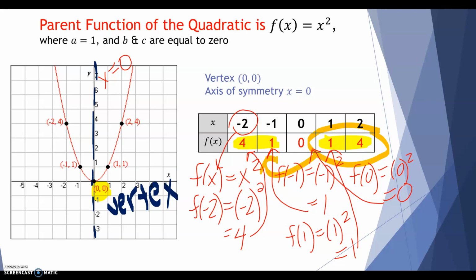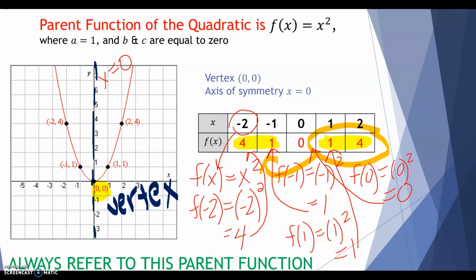Yes, of course, because we always make mistakes. So this is what you always need to refer to. You need to refer to your vertex and axis of symmetry. This is your table of values, and this is what your graph should look like. So you might need to have this slide up whenever you're doing your homework.